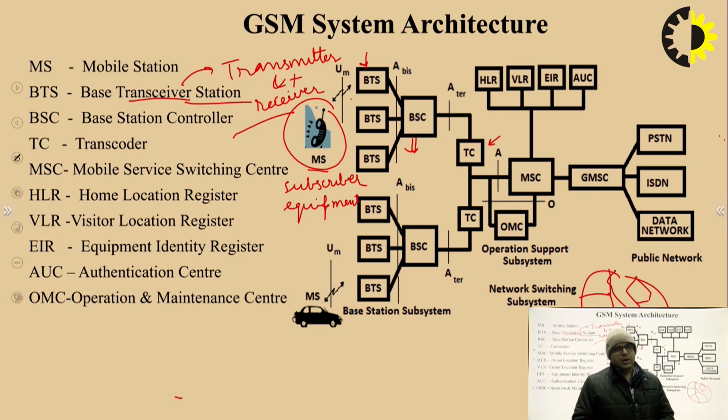HLR, as the name suggests, home location register, contains the information about the subscriber who is entitled to utilize the services offered by the base station to which the subscriber is connected. Similarly, another component which plays a vital role in the establishment of calls and other services is the operational and maintenance center, which is known as OMC.